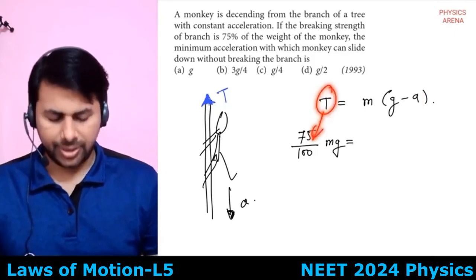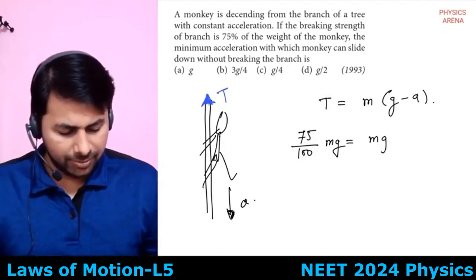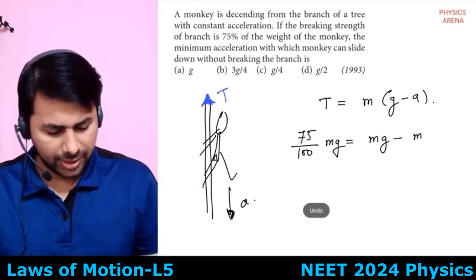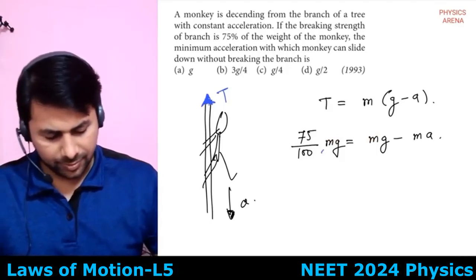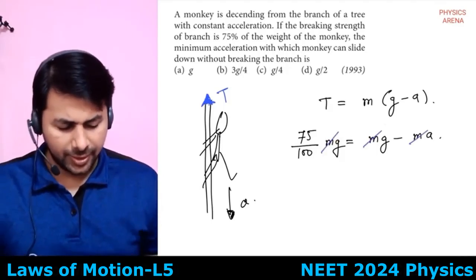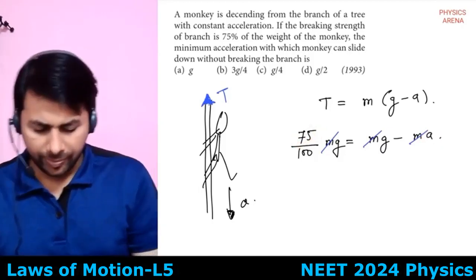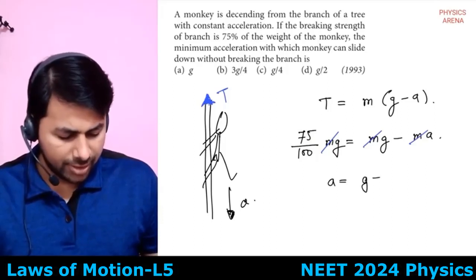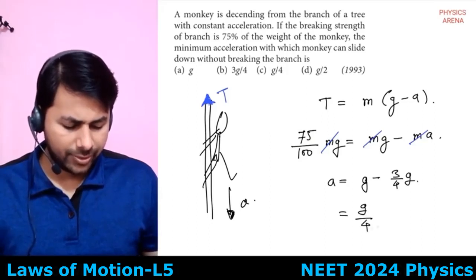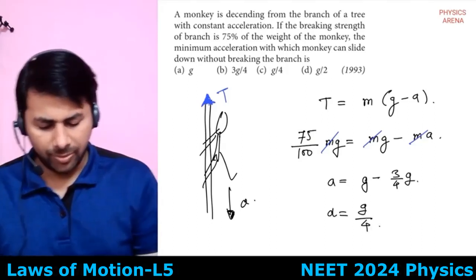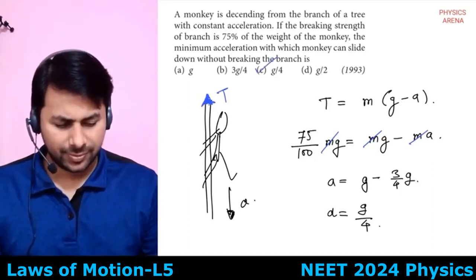So let's put T equals 75 by 100 multiplied by mg, and then we have mg minus ma, and m gets cancelled out, right? So take that a on this side. 75 by 100 is 3 by 4. So a is equal to g minus 3 by 4 g. That's 1 by 4 g, or g by 4. Okay, simple.